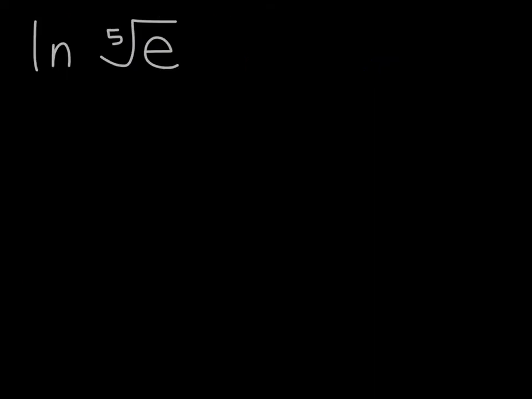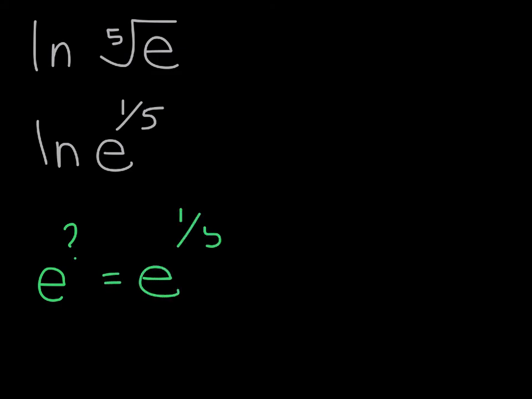This new natural log expression says the natural log of the fifth root of e. Before we go any further, we already learned in this class that the fifth root of e is the same thing as e raised to the 1/5 power. Now, we also know that the natural log of e raised to the 1/5 power is basically asking you for the exponent to which you would have to raise e in order to get e to the 1/5 power.